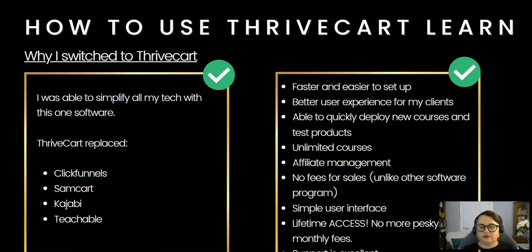I can bundle different products together, which is really easy, and it is so much faster for me all around. It gives a better experience to my clients who are accessing my content. So whether I'm selling an online ebook or whether it's a short course, my clients have a very nice, simple user interface and dashboard. They can see everything at a glance, and it makes it a lot better for them.